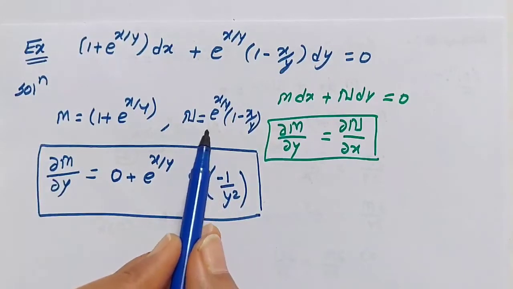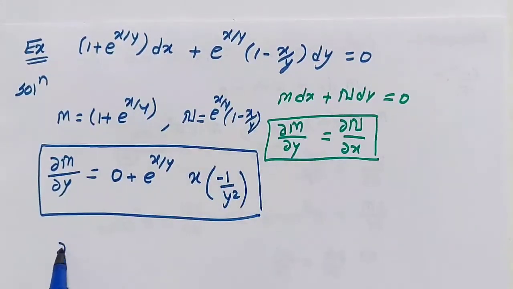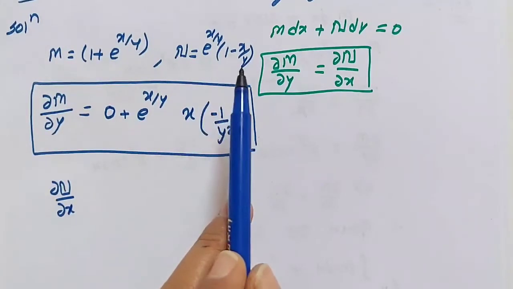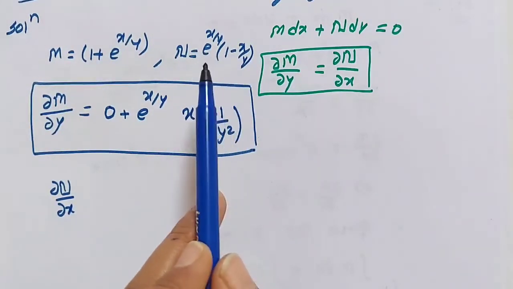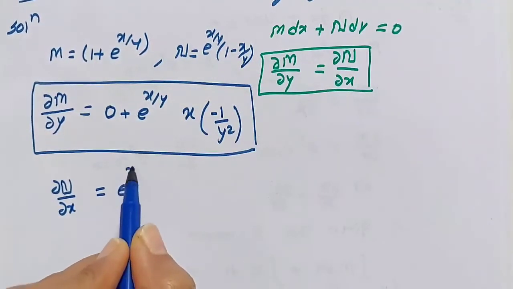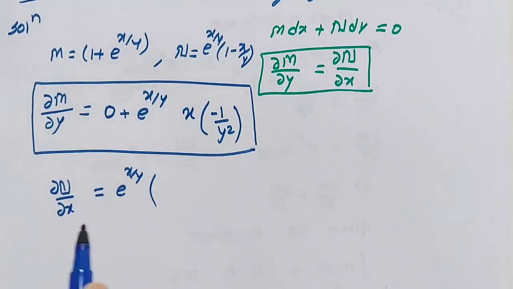Similarly, if we differentiate N partially with respect to x, then we get del N by del x is equal to, now see here x is contained in the power of e as well as in the bracket, so we have to apply the product rule. So I write the first term as it is, times the derivative of the bracket term with respect to x.